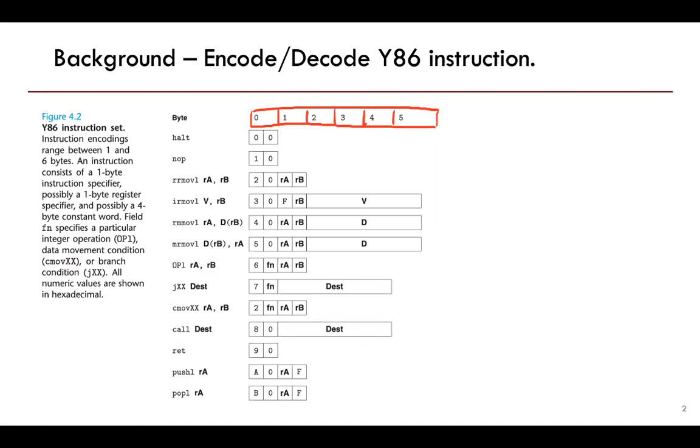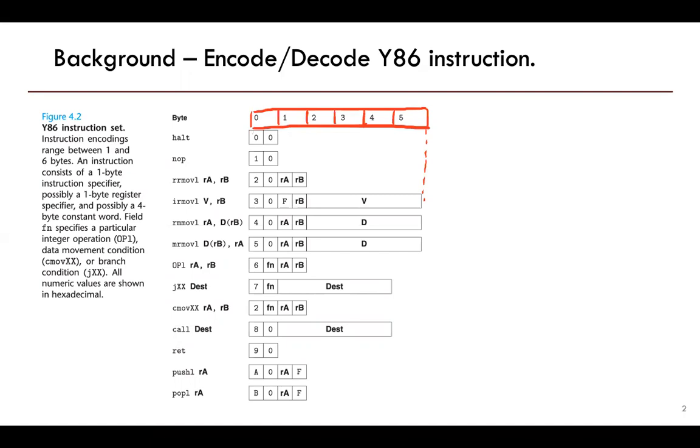As you can see, the maximum size of this instruction set architecture is 6 bytes. So the biggest instruction is 6 bytes long.